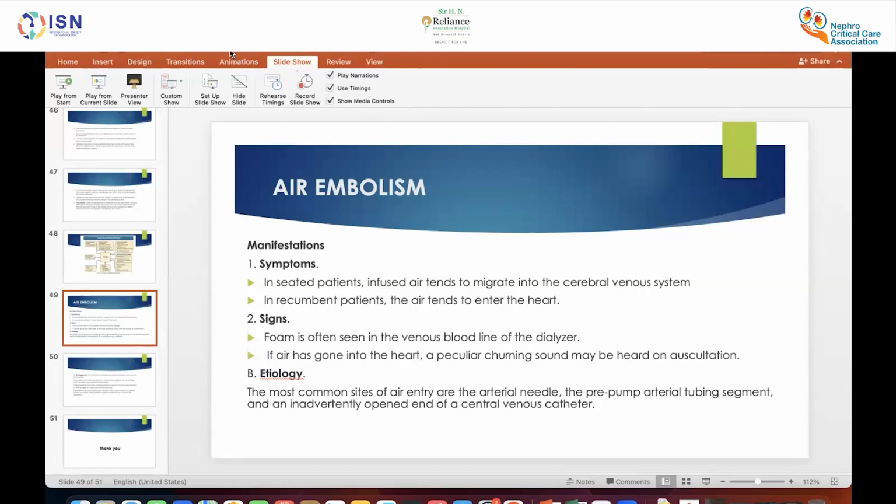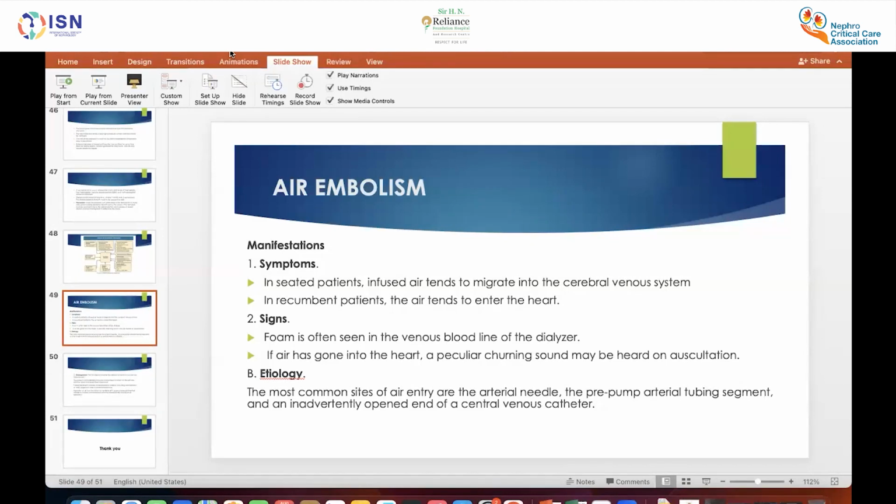So why is it like that? Why has the position been mentioned like that? So that the air would travel upwards and you're able to aspirate through the catheter.